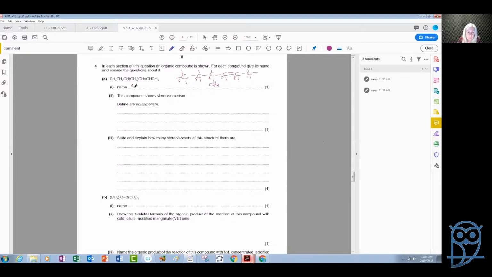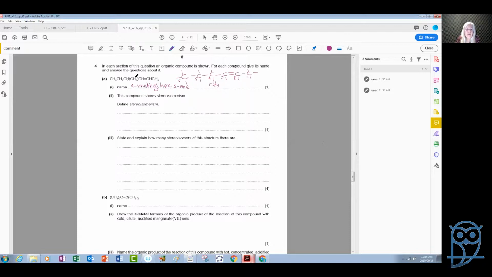So it's 4-methyl. Now we have 6 carbons, so it's a hexene: methylhex. But the double bond is at carbon number 2, so we place a 2 here and the ending of "ene", corresponding to the double bond.